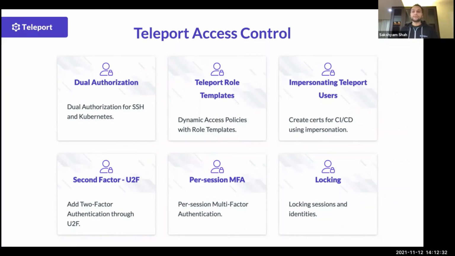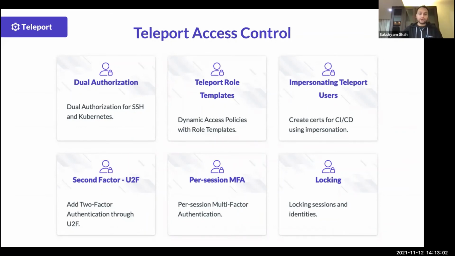Teleport allows you to impersonate another user, so you can use these features to create short-lived certificates that can be applied to CI/CD, so that you don't need to provision actual credentials for users in cases deployed in public infrastructure such as GitHub Actions or GitLab CI.